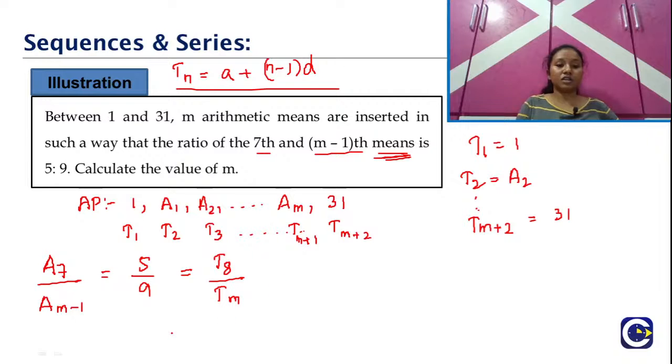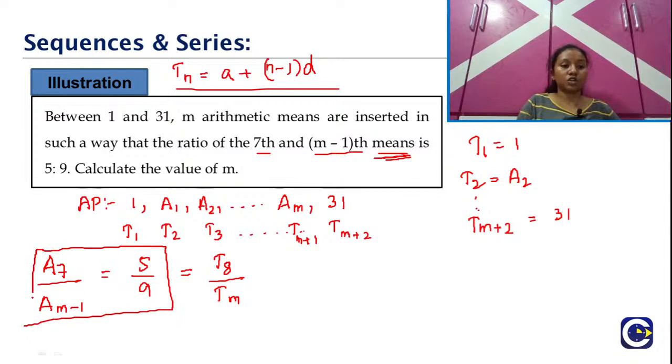So let's see here. We have to figure out the ratio, that is A7 by AM minus 1, that will be equal to 5/9. This is the given information. By comparing with our sequence, this A7 is nothing but the 8th term in the progression, and AM minus 1 is nothing but the Tm, the mth term in the progression. Right?